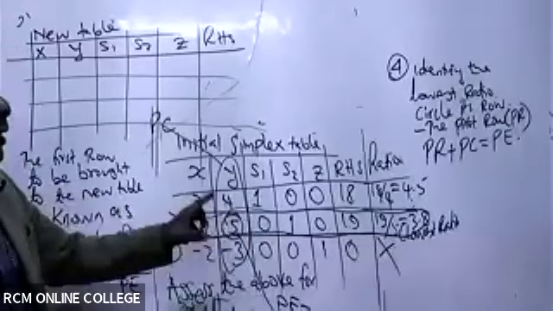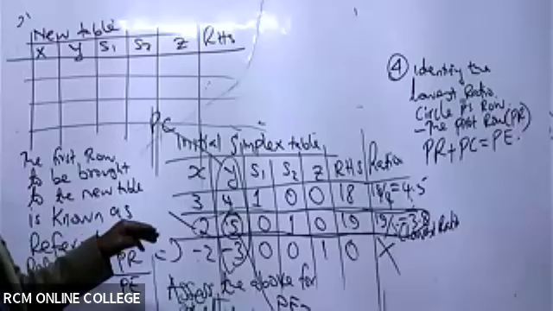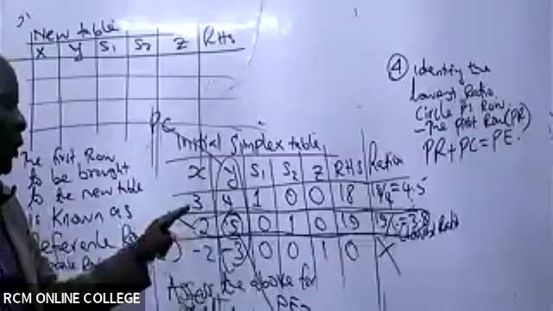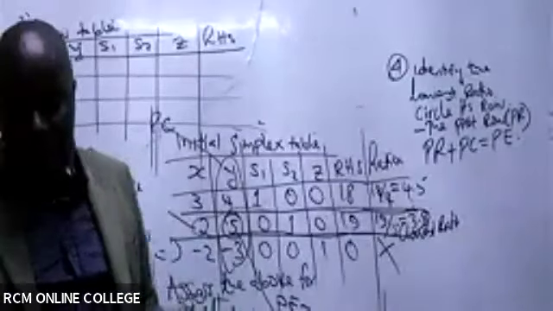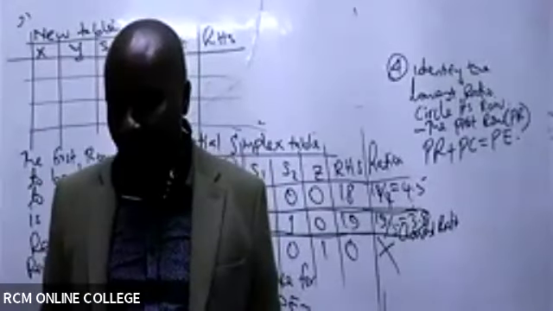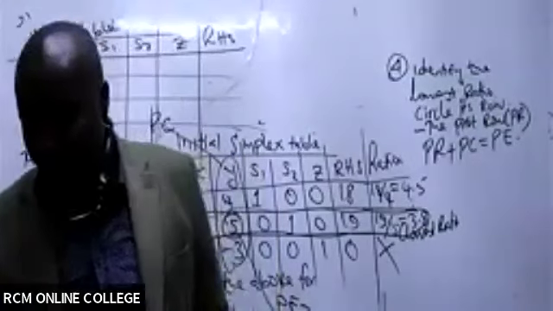Remember, this pivot row is row number 2. You take the pivot row the way it is, and then you divide this by the pivot element. What is the pivot element in our question?